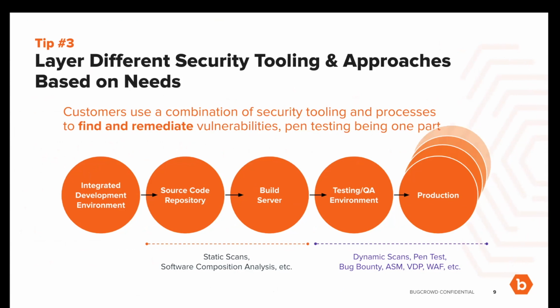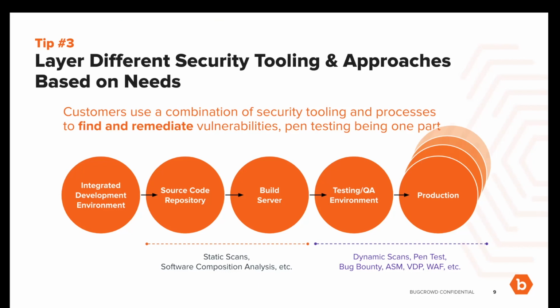Whereas in many other organizations with more DevOps style practices or agile development practices, code is deployed much faster, maybe once a day, maybe multiple times a day, which makes a penetration test a point in time in the traditional sense of the word. So you would need to layer on different security tooling and different services even to make sure that you're completely covered in your testing, both from a time perspective as well as in terms of all the assets that you have.